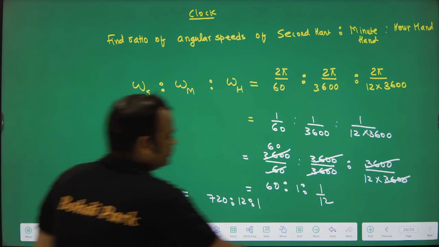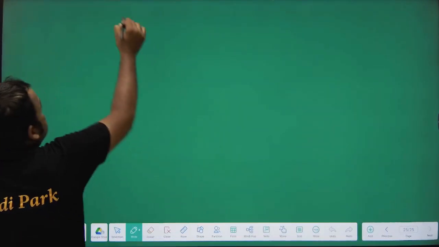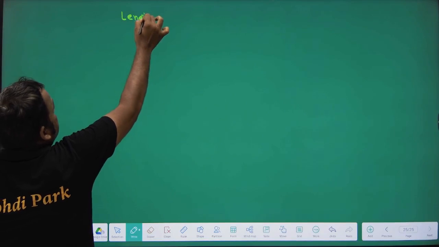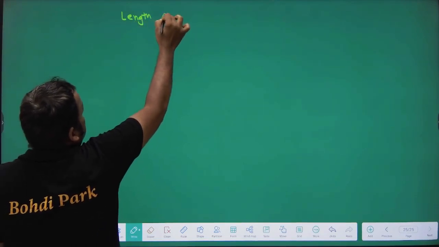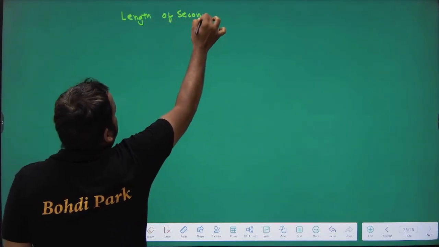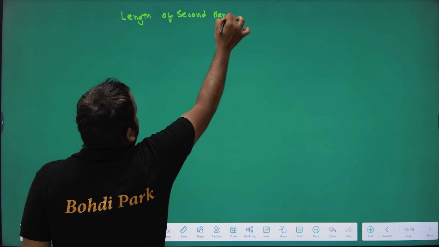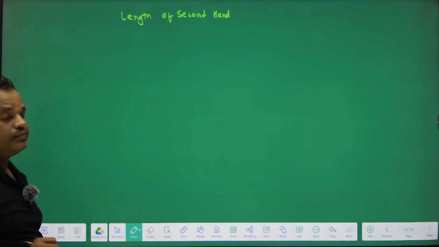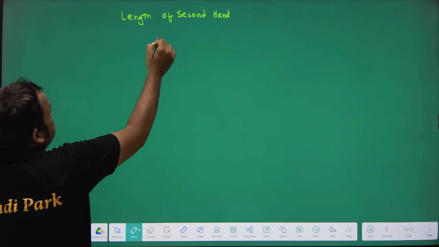Now, suppose the length of second hand is given in a question, and linear speed is asked.